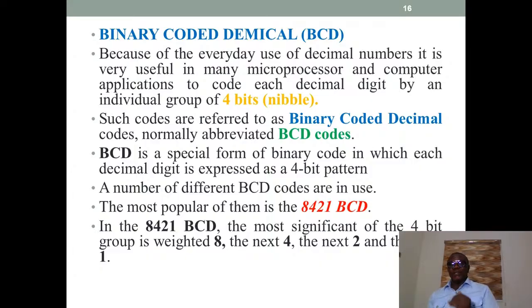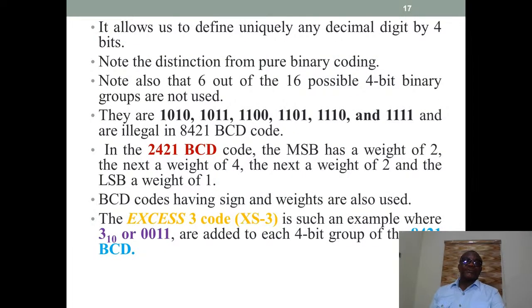So that is called the 8421 BCD code. And we said this code allows us to define uniquely any decimal digit by 4 bits. Note the distinction from the pure binary coding.